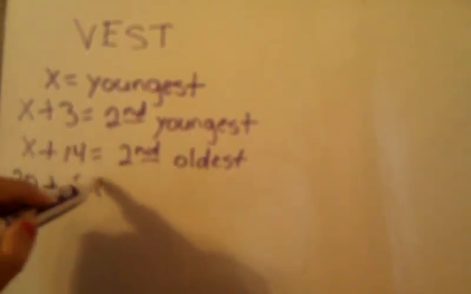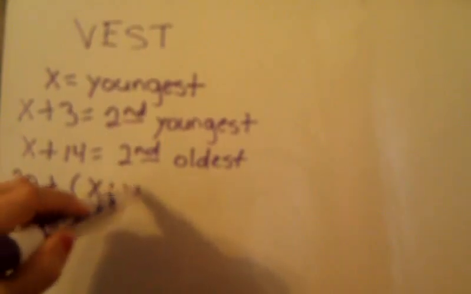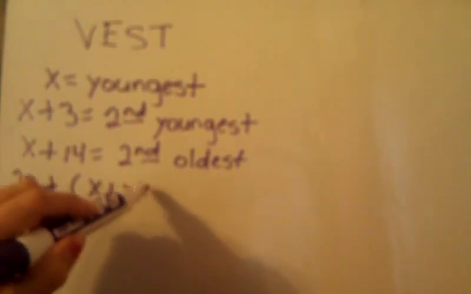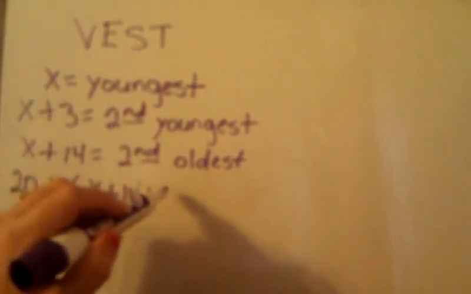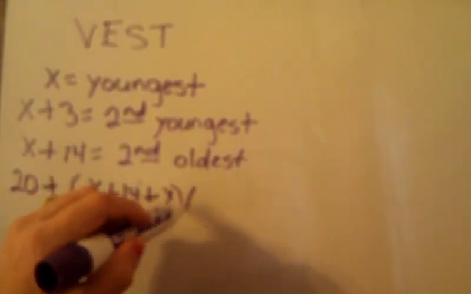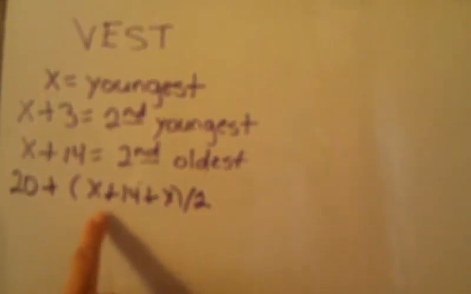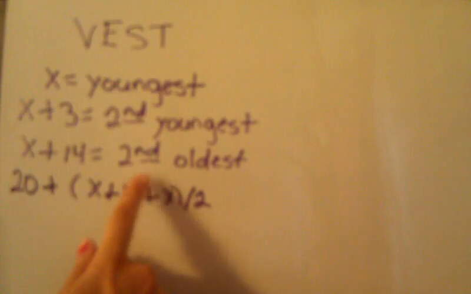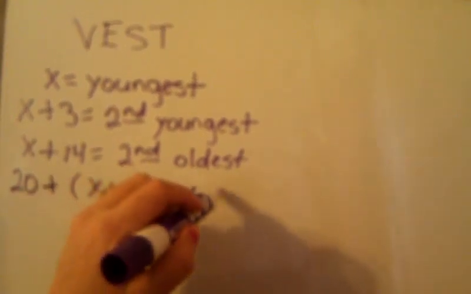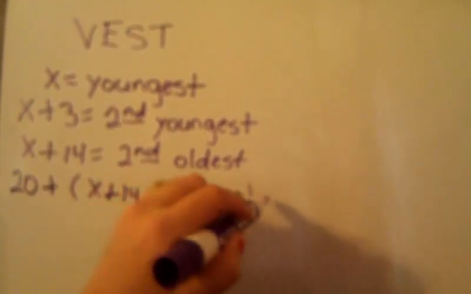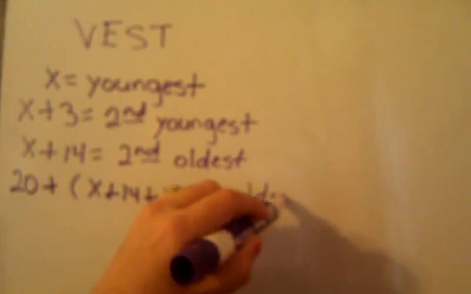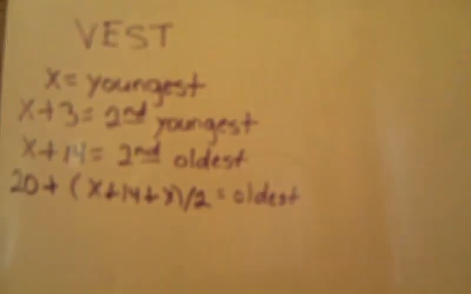The second oldest is X plus 14 plus the youngest, X, and then I have to divide that by 2. And this is the oldest. Did you get that far?